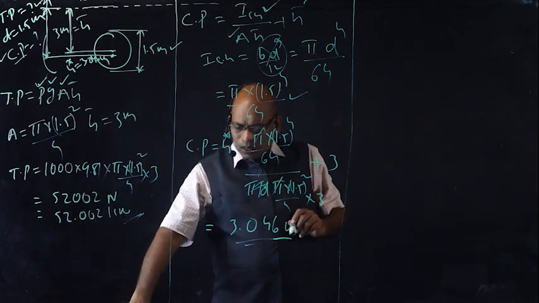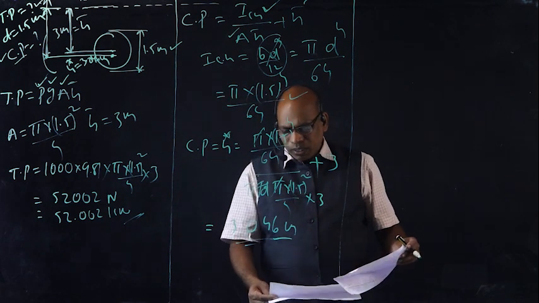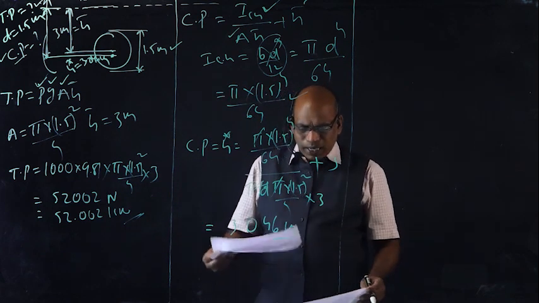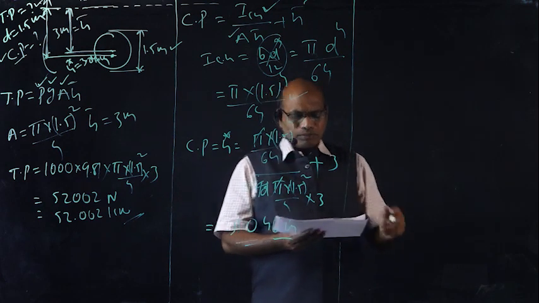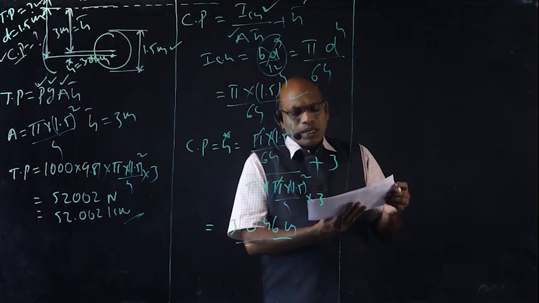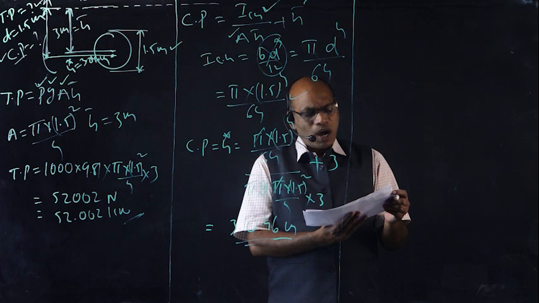Right. Now we are going to solve one more problem related to the submerged bodies that are vertically submerged in the liquid. Please note down the problem. A rectangular sluice gate situated on the vertical wall of a lock.